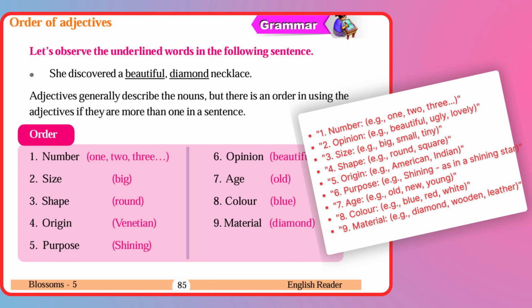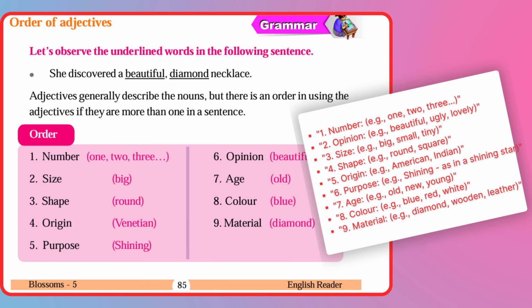Let's begin with the order of adjectives found on page number 85 of our textbook. The screenshot is provided on the screen. Let us have a look at that. When we use more than one adjective to describe a noun, they generally follow a specific sequence. This order helps ensure clarity and natural flow in English sentences.